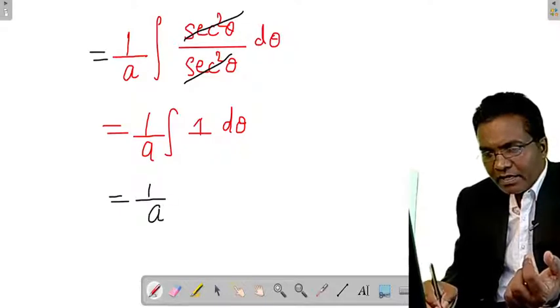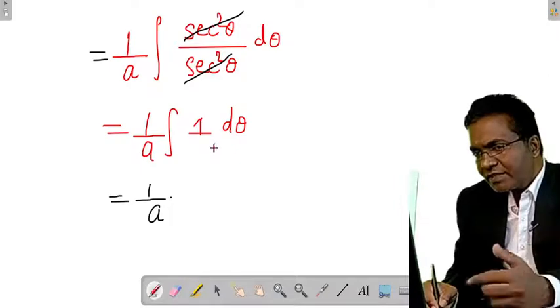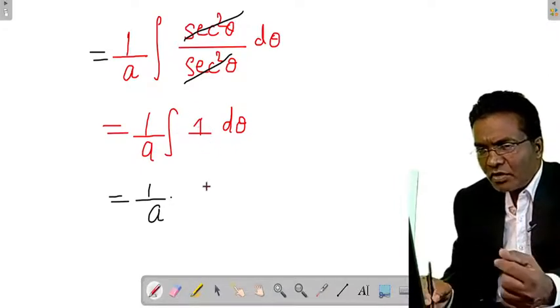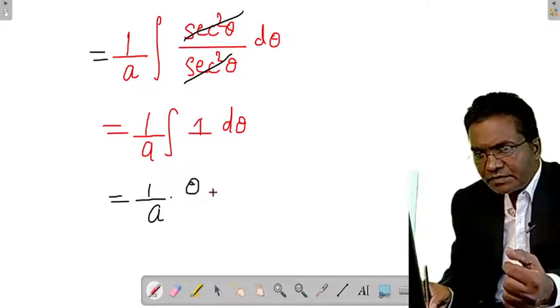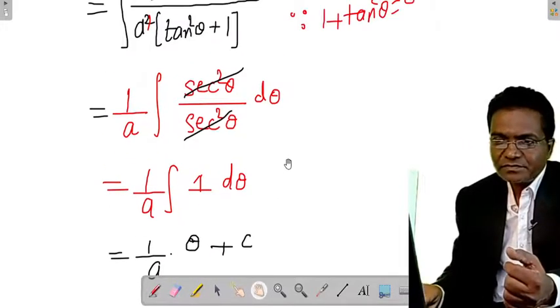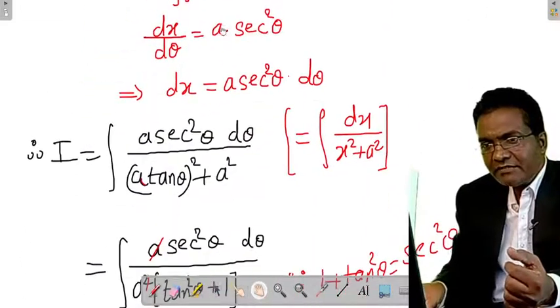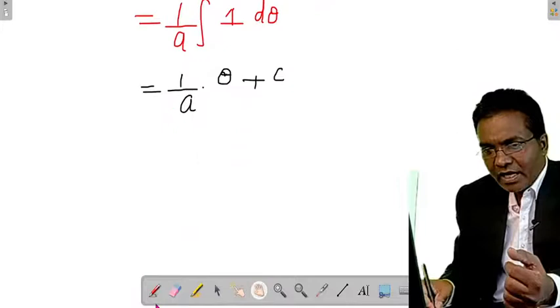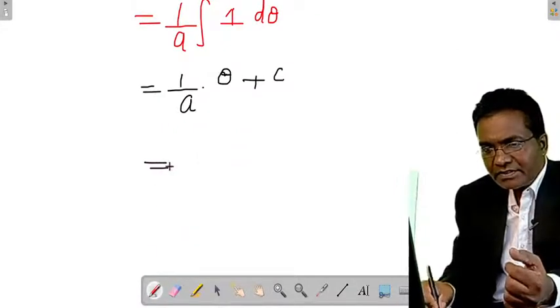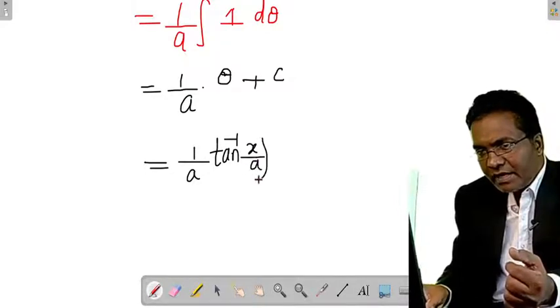You are left with 1, so 1 by a and integration of 1 with respect to theta. Integration of 1 with respect to x is x, so integration of 1 with respect to theta is theta plus c. Now see what is your theta? Your theta is tan inverse x by a. So I replace that. This implies 1 by a tan inverse x by a plus c.